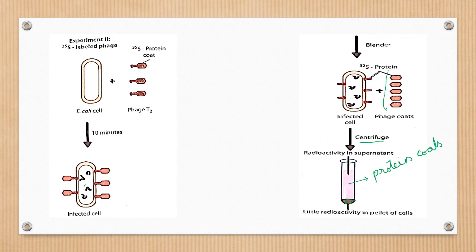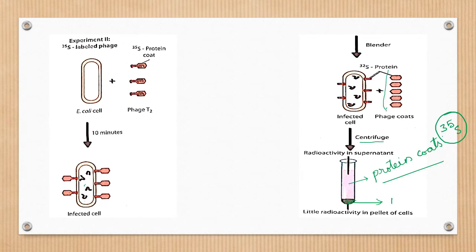These bacteriophages were grown in the radioactive sulfur. That means the protein coats contain this radioactive sulfur. Now we find that radioactivity in the protein coats, not in the bacterial cells, because the bacteriophage injected DNA, the genetic material.